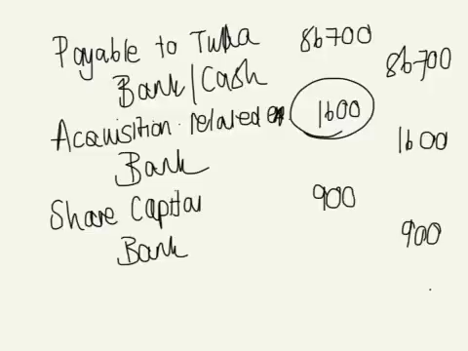Part B then required us to prepare the liquidation, the liquidator's cash and the shareholders' distribution ledger accounts for Tuna Limited. So let's look at those accounts. The first account we're going to look at is the liquidation account.